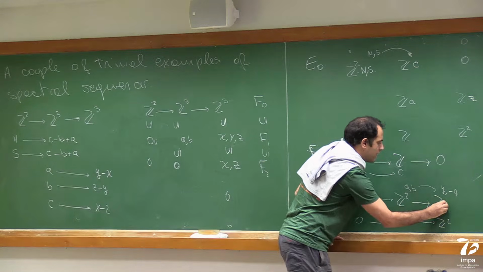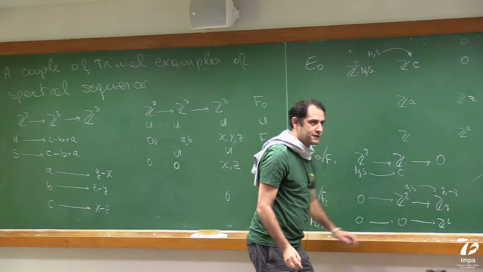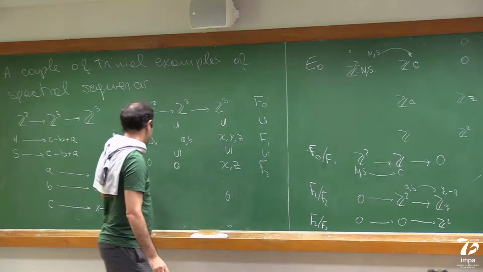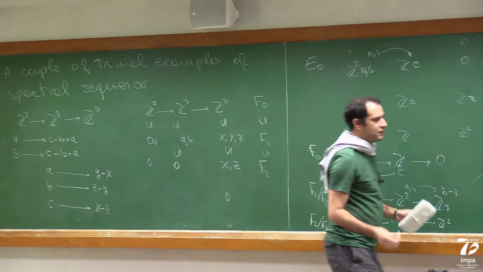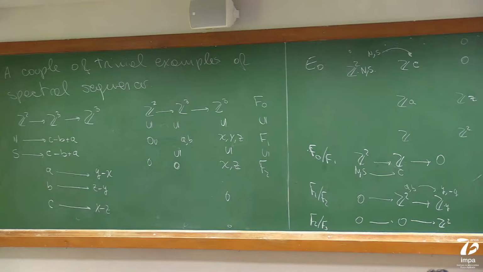This is generated by Y. And this whole thing survives in the differential, which is just generated by X and Z. Okay, so that's a filtration. That should give us something. So let's compute that, and let's see if we get something.